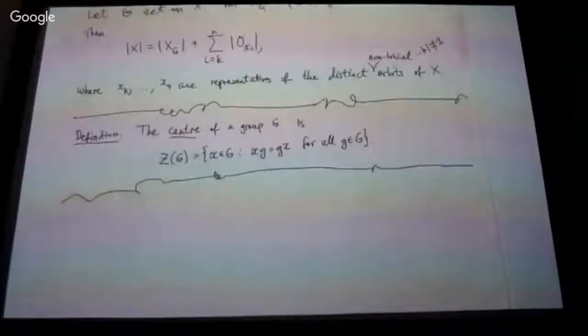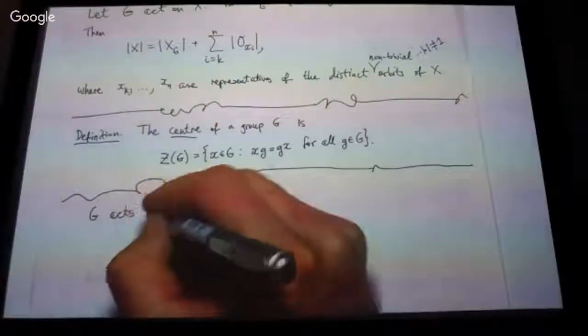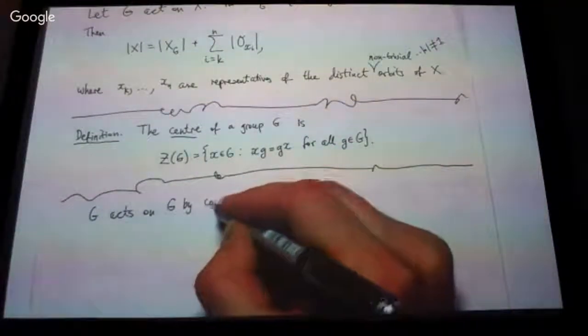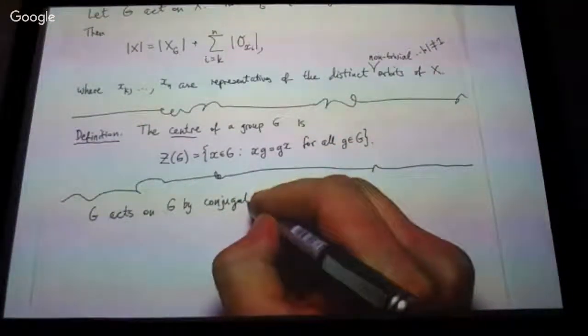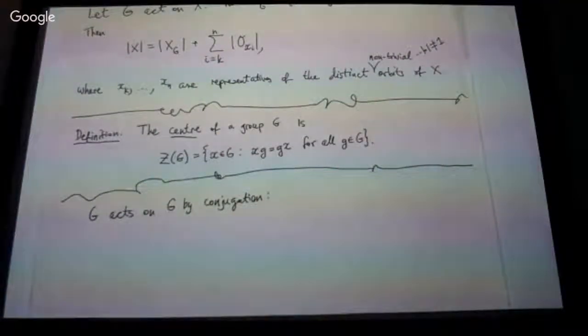Now, what we discussed, perhaps on Friday, quite a lot, was a group acting on itself by conjugation. Right? So G acts on G by conjugation, which means, what does it mean?